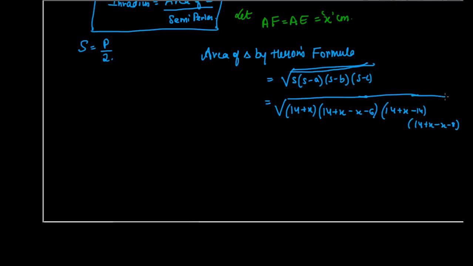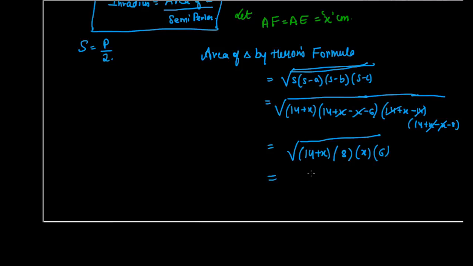Again, x plus 8 is AC. So 14 plus x minus (x plus 8), which is 6. So here your x and x get cancelled. Here your 14 and 14 get cancelled, and here also x and x get cancelled. So after simplification, you will get root over (14 plus x) into (14 minus 6), which is 8, into x, and this will be 14 minus 8, which is 6, right?